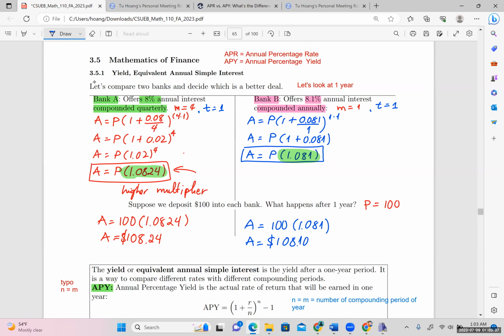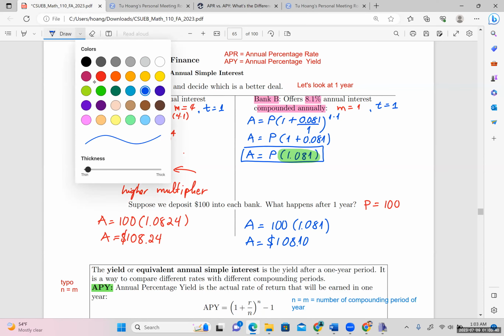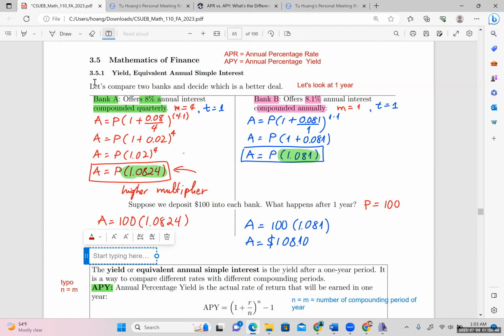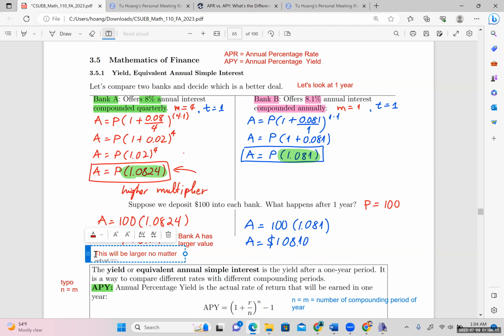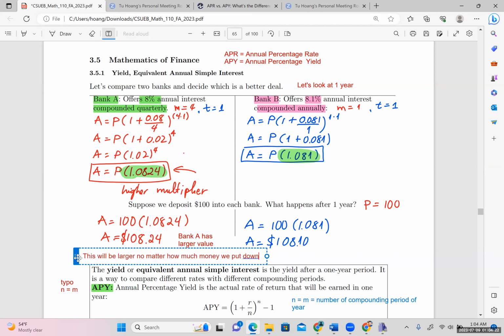So that means bank A has the larger value, no matter how much money we put in.